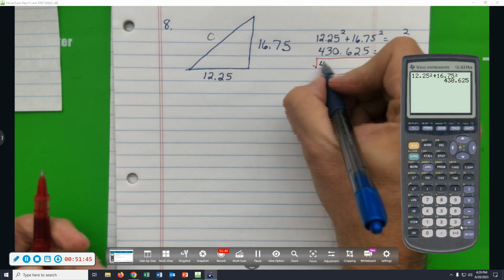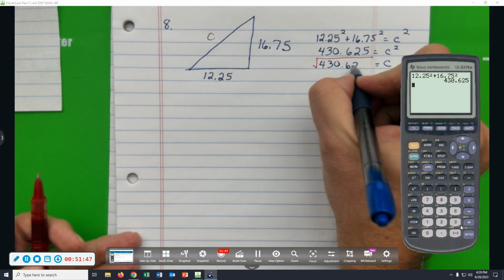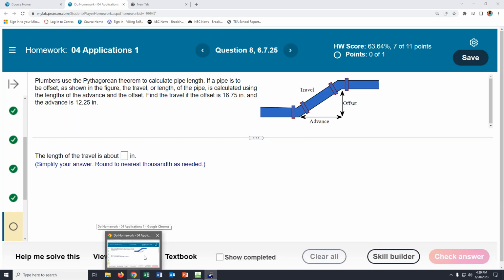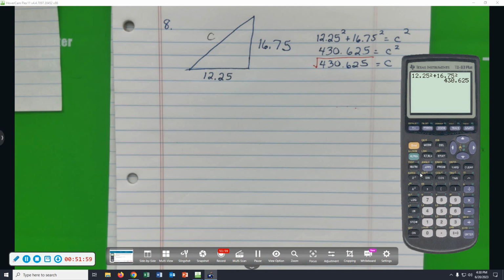The square root of 430.625. I'm wondering how they want us to round it. Round to the nearest thousandth.